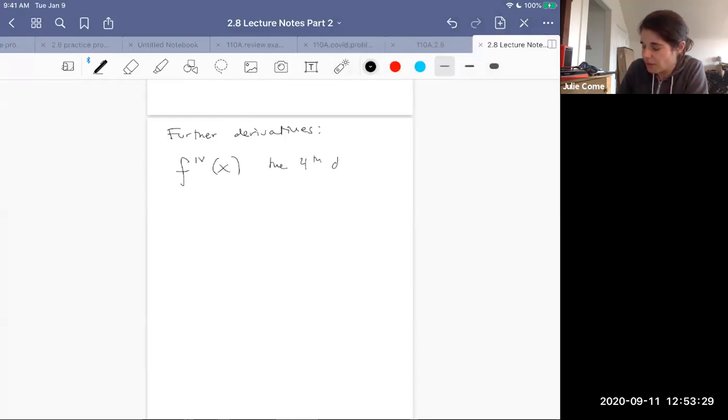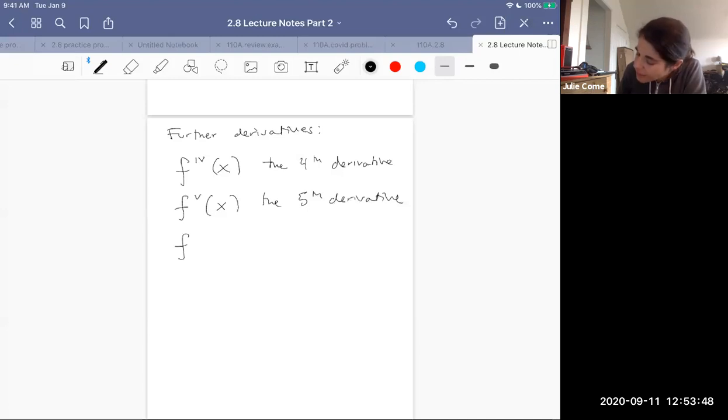Notice that we have Roman numerals for our derivative indicator. So f with a little V x means the fifth derivative. And similarly, if I take the nth derivative, whatever it is, if I write f with a little n x, this stands for the nth derivative of f of x.